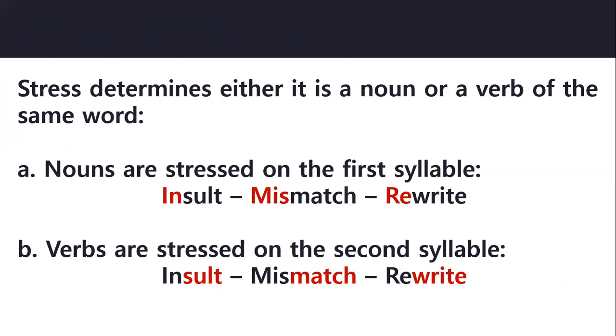So we have nouns stressed on the first syllable: insult, mismatch, rewrite. And verbs are stressed on the second syllable: insult, mismatch, rewrite.